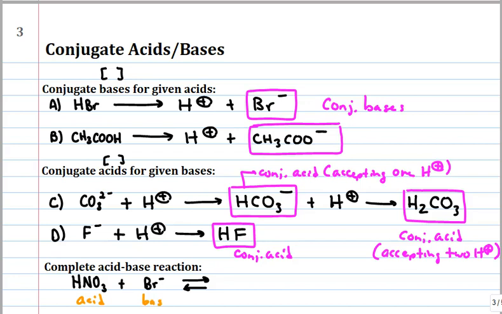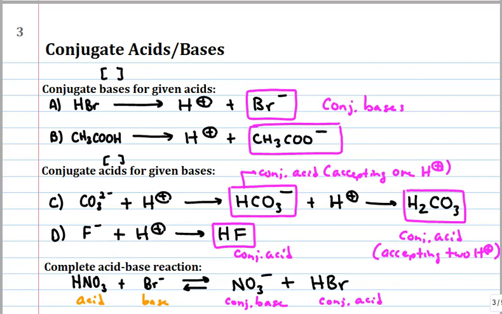So this is the base. So when you do this kind of transfer, then HNO3 loses the H plus, so it has to be now NO3 minus. And then Br- picks up a H plus. You now get HBr. This is an acid-base reaction. So now the NO3- is the conjugate base, and the HBr is the conjugate acid.